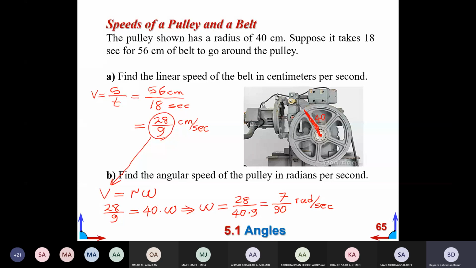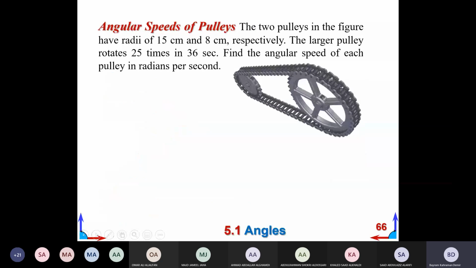All right. What is next, Shabab? Now, two pulleys are rotating, connected by this chain belt. We have a radius of 15 centimeter for the larger one and 8 centimeter for the small one.